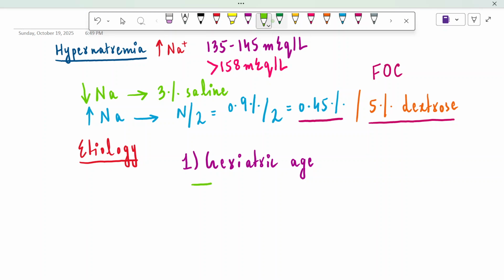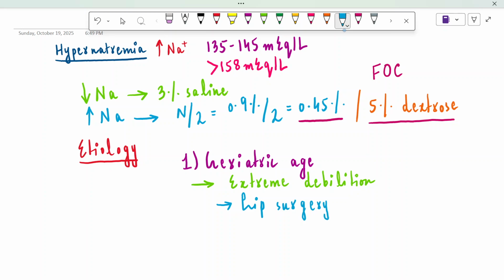The patient of the geriatric age group is having extreme debilitation. The person cannot either walk, or cannot talk properly, or cannot ask for water, or might have a hip surgery. Why am I mentioning these odd conditions? It's because all these conditions lead to water deprivation.